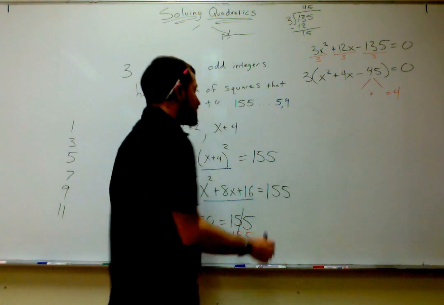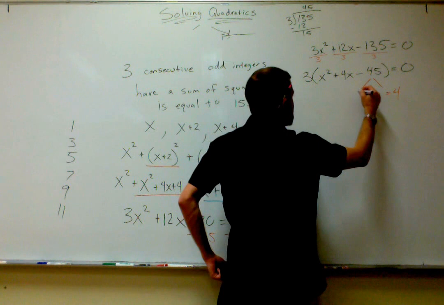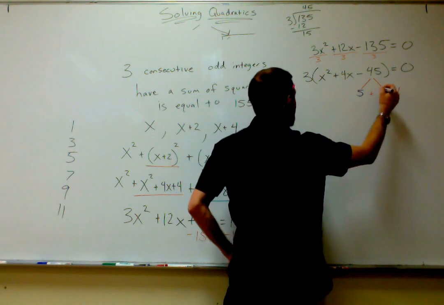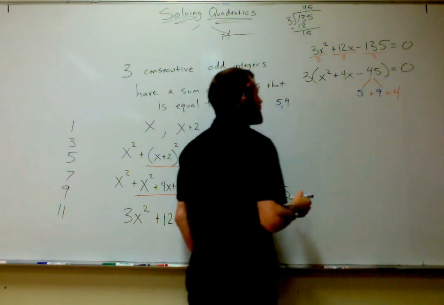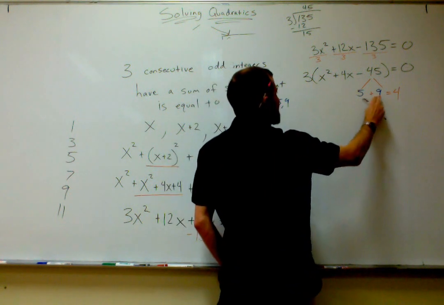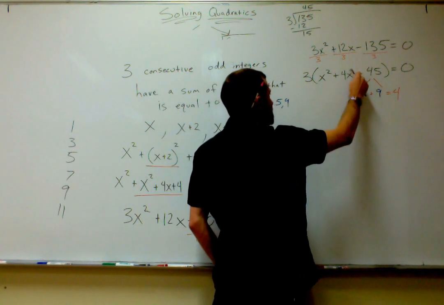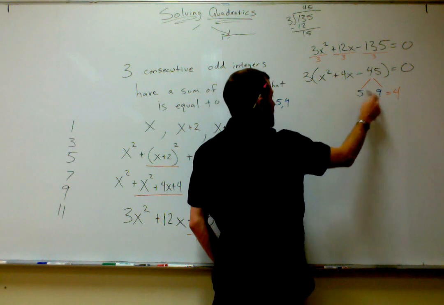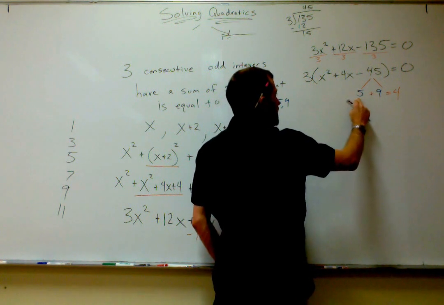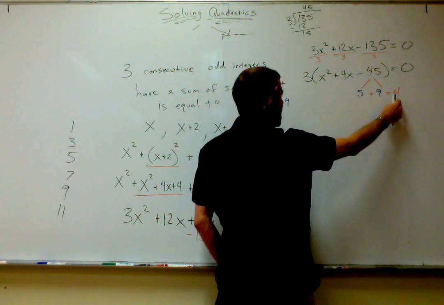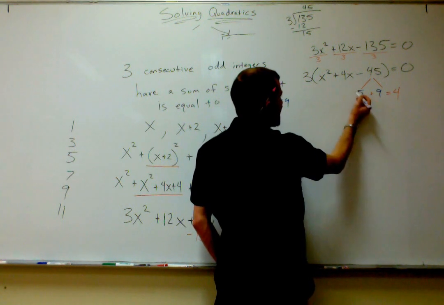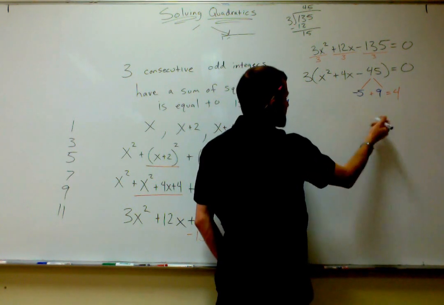Yes. Okay? So let's figure out which one has to be positive and which one has to be negative, because I have a negative product. One of these has to be positive and one has to be negative. 5 and 9, but I want them to add to positive 4, so that means I have a negative 5 and a positive 9.